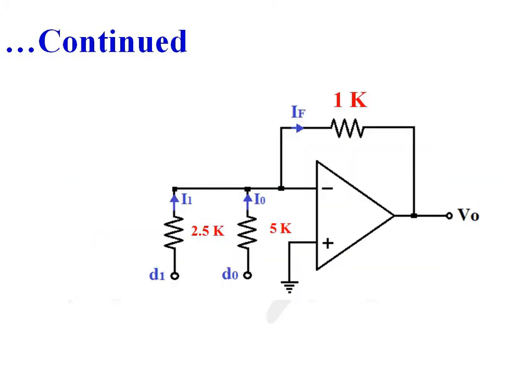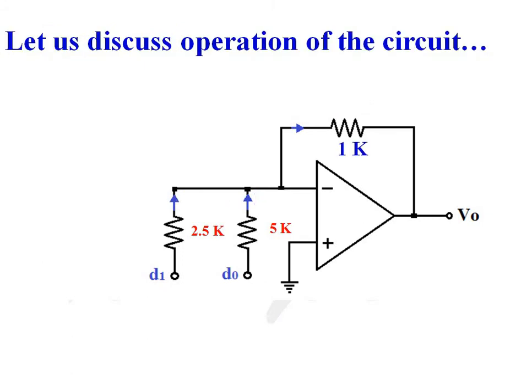So this is the diagram of a 2-bit binary weighted resistor network digital to analog converter. Value of R0 is equal to 5K and value of R1 is equal to 2.5K. Value of feedback resistance is equal to 1 kilo ohm.